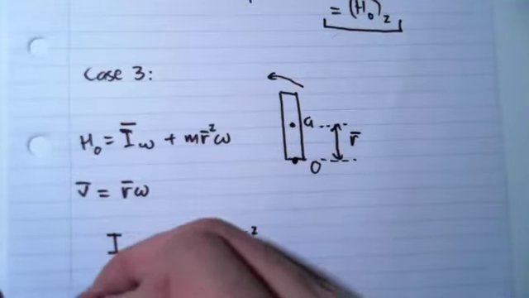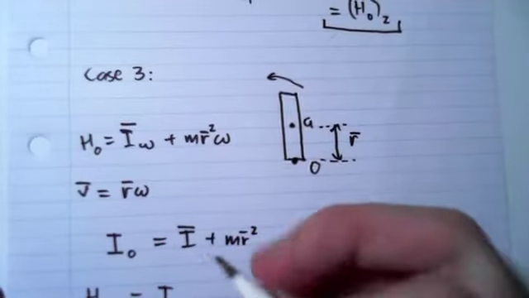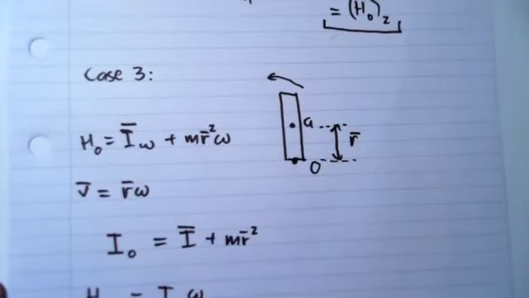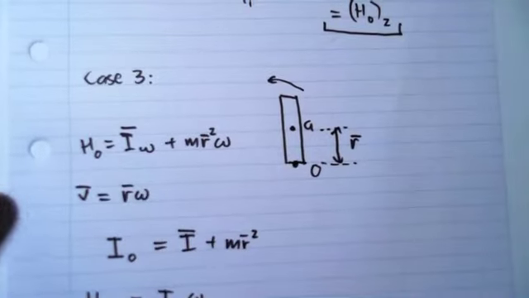We can then just say that HO is equal to IO omega, where IO is the mass moment of inertia about the point O.